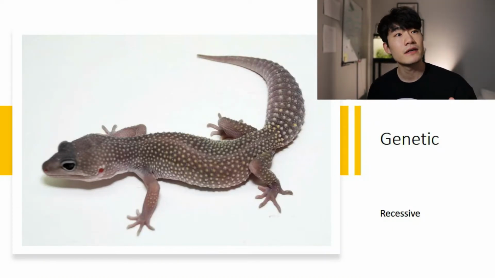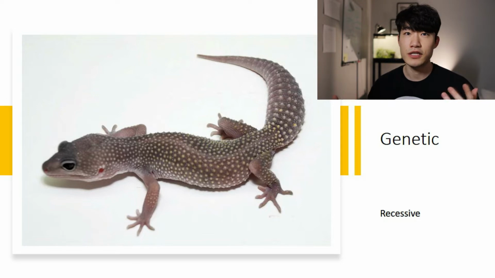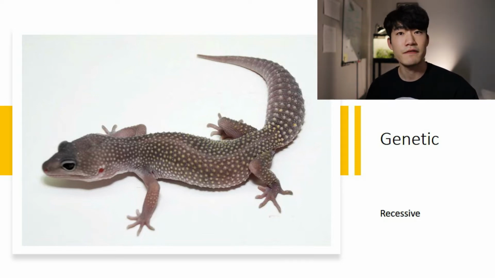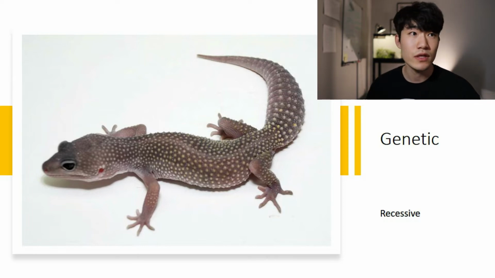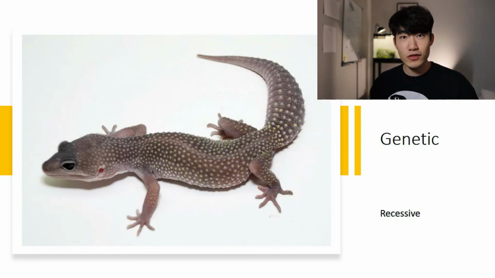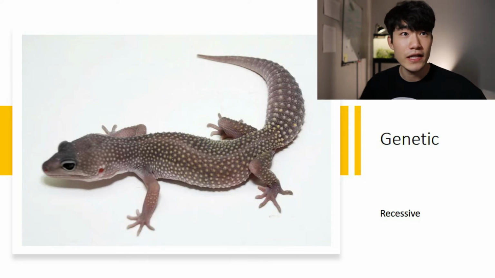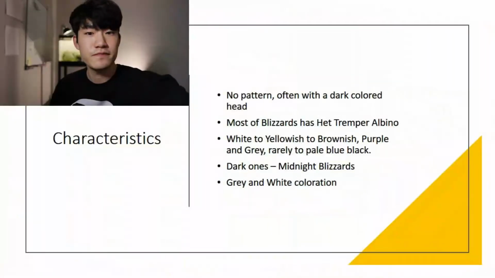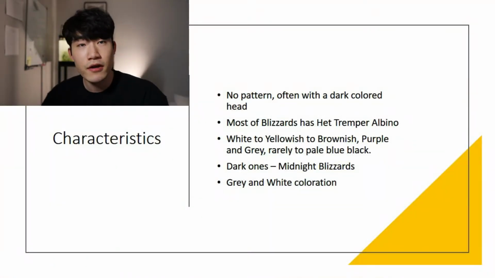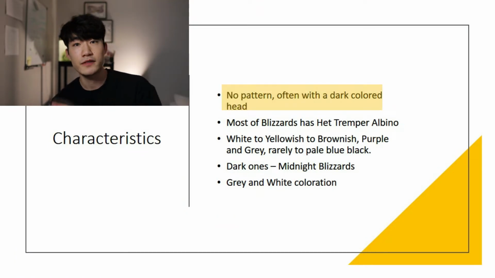I think this one doesn't have a lot of discussion over it, but it is definitely a genetic and it is a recessive. So if you're thinking about doing this, make sure you're aware of those hidden, visual sort of things. I've been including this information in other videos, so you guys should probably know it already, but it is a recessive.